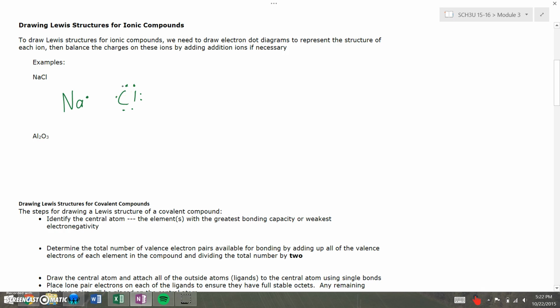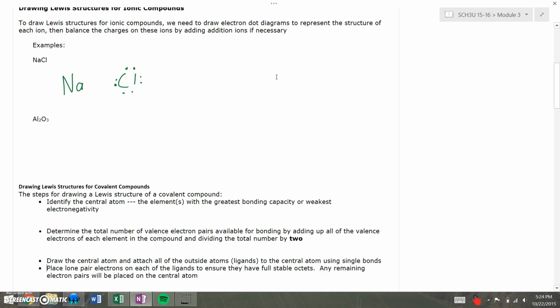Okay, and this is very obvious here now. These 2 elements want to have a stable electron shell, and so sodium is going to give up its electron and donate it to chlorine. So we end up with no valence electrons for sodium and a full stable octet for chlorine.